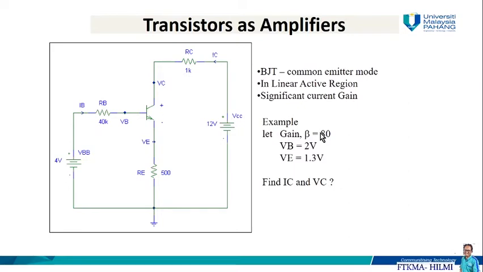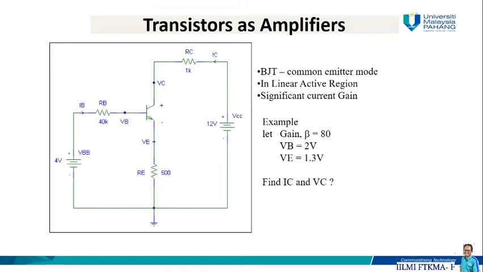So we are going to assume that this is a common emitter mode. When we say common emitter mode, remember that the base and emitter are going to be the input and the collector and emitter are going to be the output. And we are going to assume that this circuit is in the linear active region, and it also has a significant current gain.